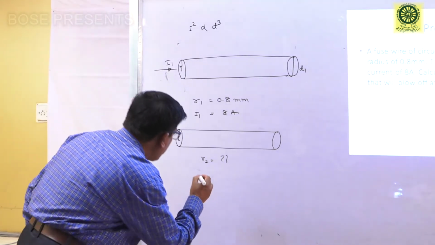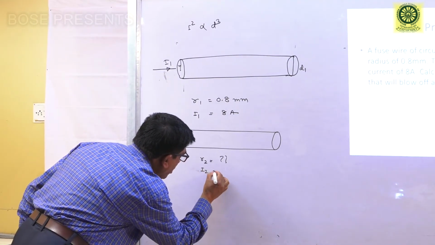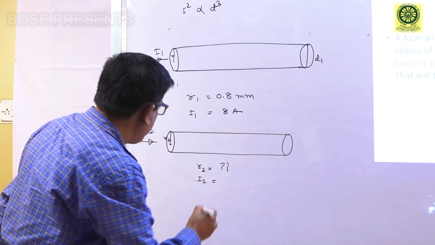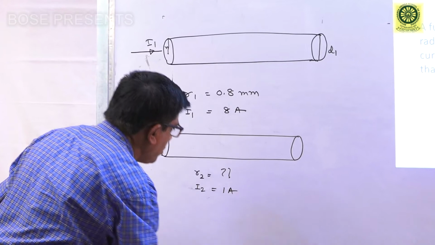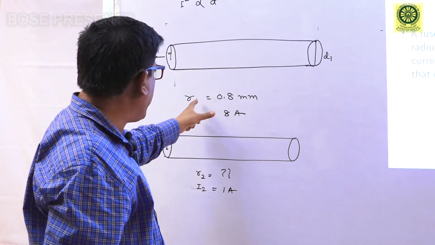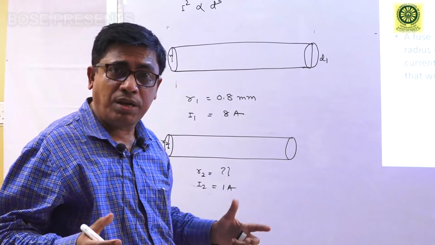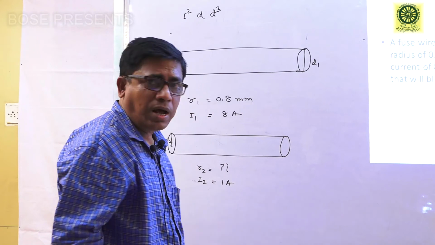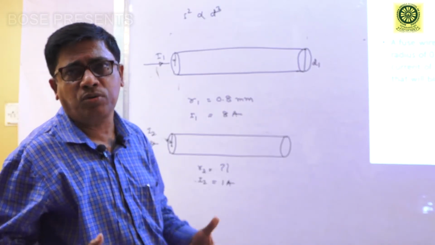Now I2 is equal to 1 ampere. So you mark it. This is a fuse wire having radius R1, and I1 is known to me. And for this fuse wire, I2 is known. I am interested to calculate the value of R2.